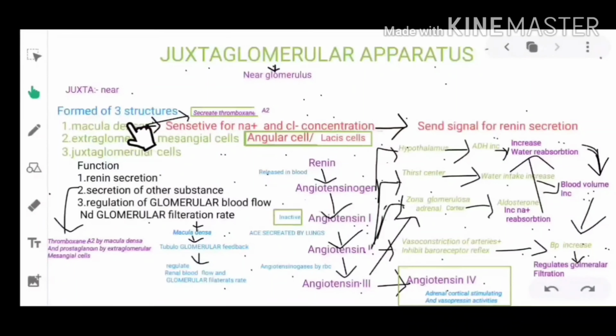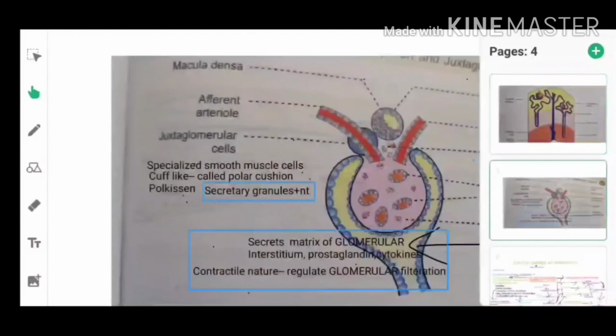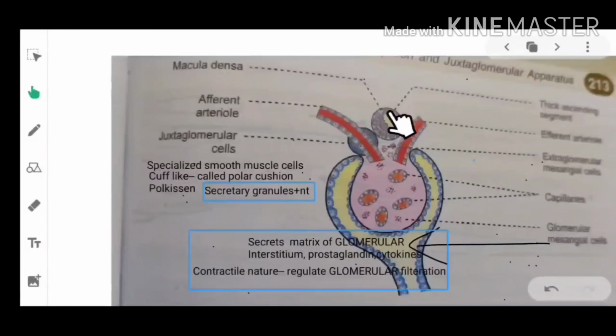So it is formed of three structures. First is macula densa, second is extraglomerular mesangial cell, and third is juxtaglomerular cell. This macula densa is the terminal portion of the thick ascending loop of Henle which runs between the afferent arteriole and efferent arteriole.